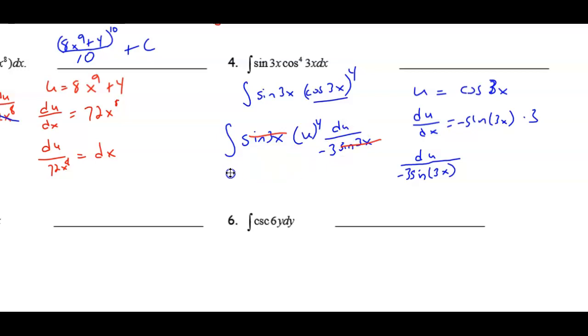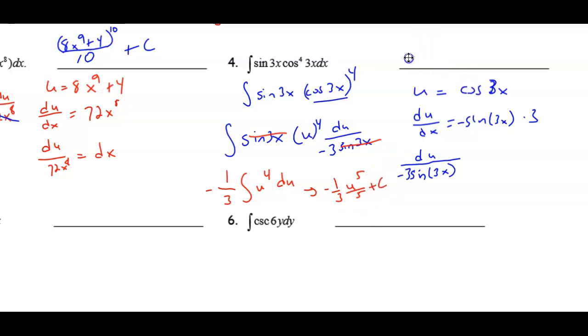So I'm left with this negative 3 right here, which I'm going to bring out as negative 1/3. And now I'm going to integrate, well here, let me rewrite it first, u to the fourth du. So now when I integrate this, you have negative 1/3 u to the fifth divided by 5 plus c.